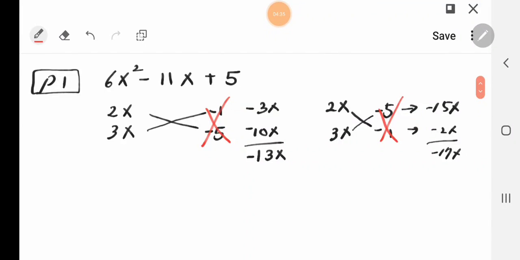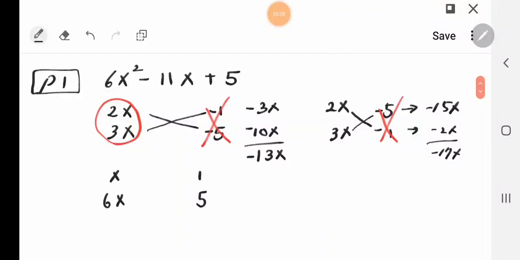So we tried all the possibilities for this number 5. Since all the pairs of 5 are not working, let's try finding a different pair for the 6x squared. 6 can be 1 times 6, so let's make it x times 6x. And then for 5, we can try 1 times 5.